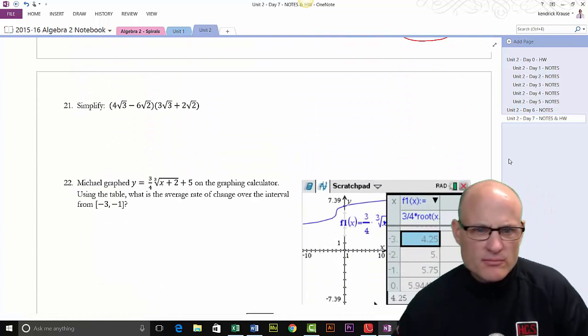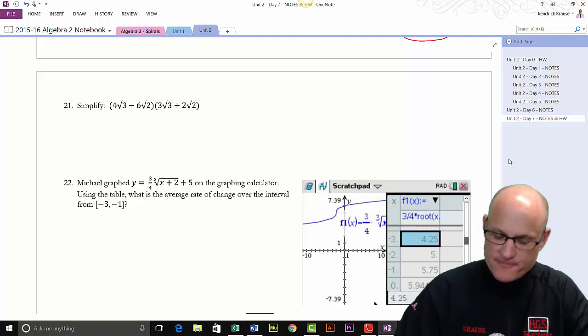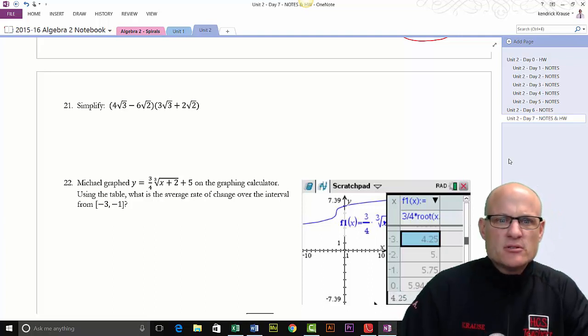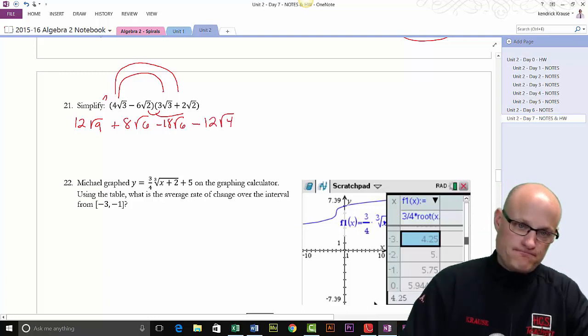All right, here we go. So we got to double distribute here. Double distribute. So we're going to multiply this times this, and I get 12 square roots of 9 plus 8 square roots of 6 minus 18 square roots of 6 minus 12 square roots of 4.